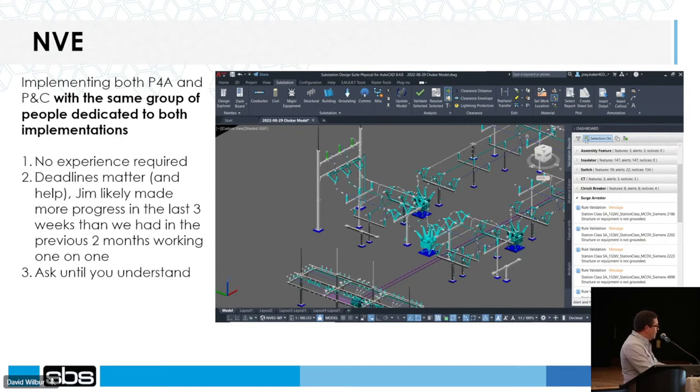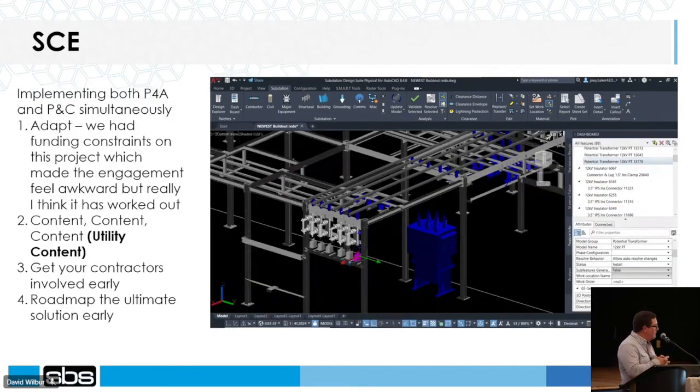We're working with SCE. This has been a bit of a unique engagement. It's been a bit fractured. We've had various starts and stops along the way. One thing I would say here is just be flexible.